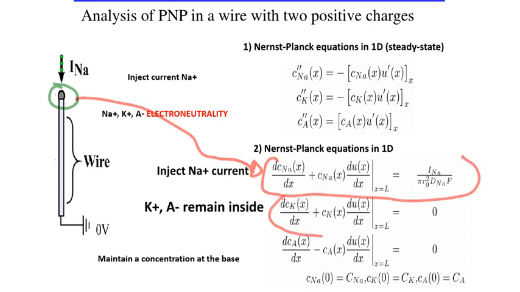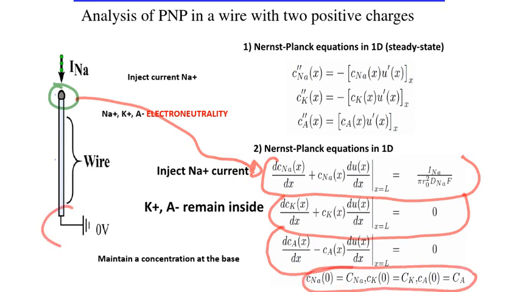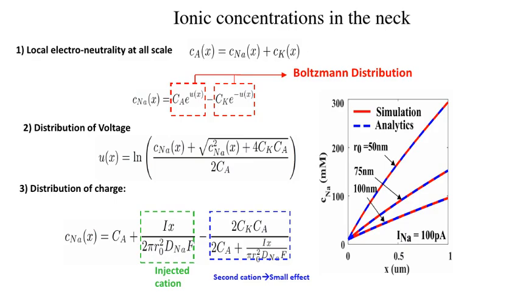We assume that there is no potassium injected and no negative charges, while the concentration is maintained at the base, where the base is supposed to be connected to the rest of the dendrite. What is interesting here is that electroneutrality imposes that the negative charges equal the positive charges, and this can now be used to solve the equation.